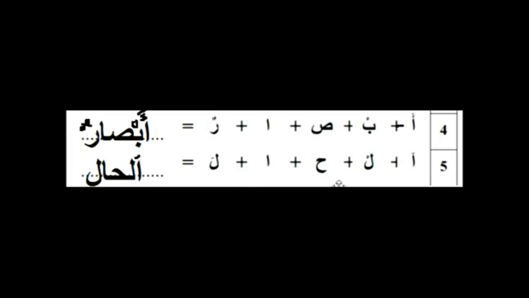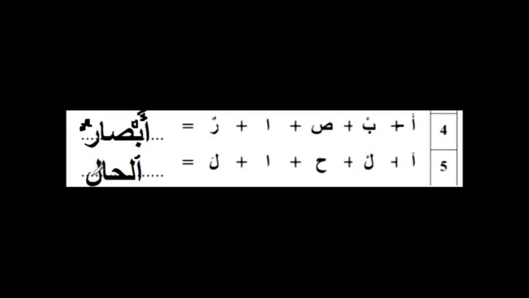Al-hala. We write the hamza with the alif symbol under it, not connecting to the lam. The lam goes and connects to the ha, and the ha goes and connects to the alif, because the ha is a connector, the lam is a connector, so both connect to any letter after it. The alif doesn't connect to the lam after it, because the alif is a non-connector.